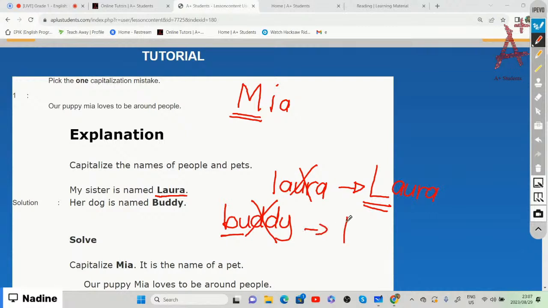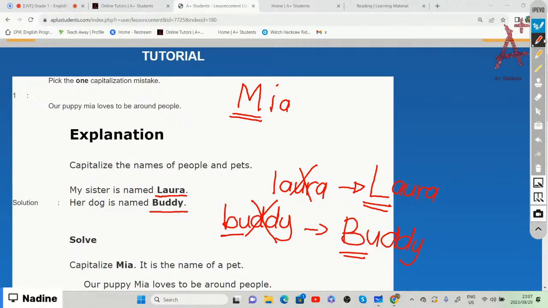So you need to say my dog's name is Buddy with a capital letter B, right? Because Buddy is also the name of your pet. So names of pets as well as names of people, we need to capitalize, meaning that the first letter of that name needs to start with a capital letter.